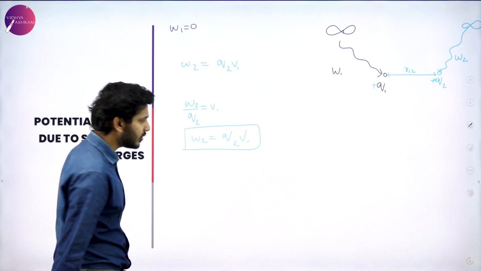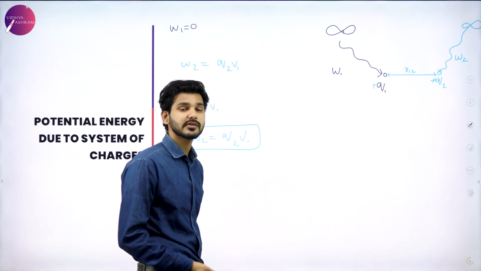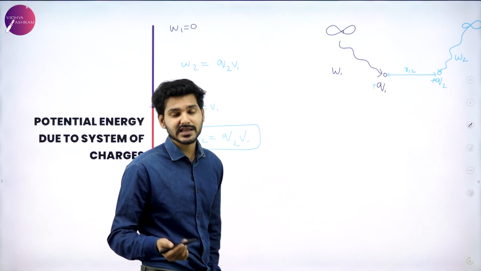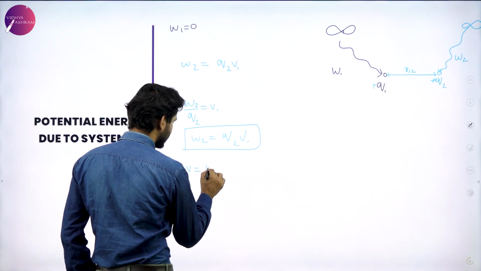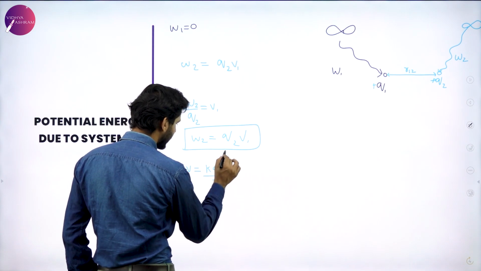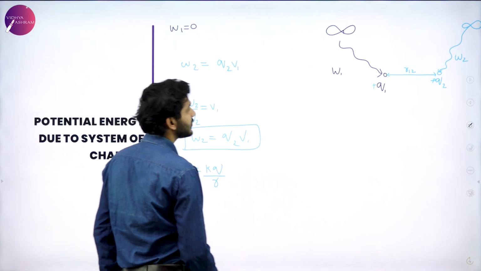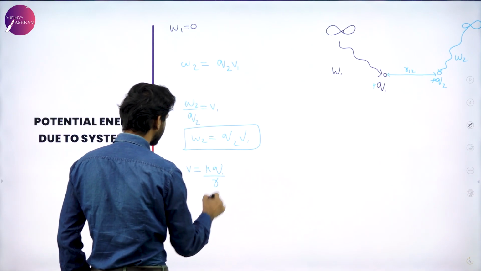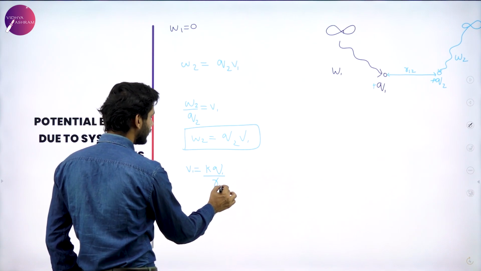So we are going to expand this also, because we already know there is an equation to find out the potential at any given point, and that is given by V is equal to KQ divided by R. So here the charge is Q, the potential of the particular charge is due to Q1. So this is Q1, V1, and the distance is R12.